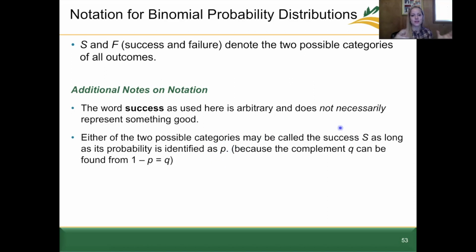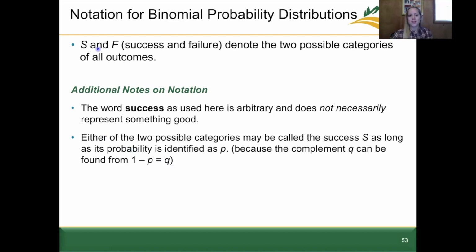Then we can just use the opposite case to be represented by q. And we can always find the complement by doing 1 minus p is equal to q. So really, denoting either category as success and lowercase p or a failure and lowercase q, as long as we're consistent, we'll still get the right value for the probability of this case and this case.